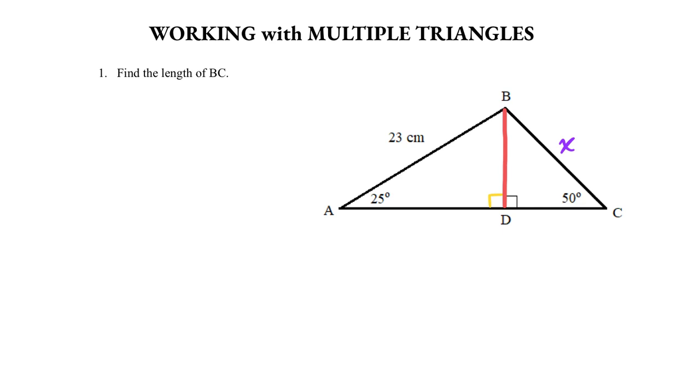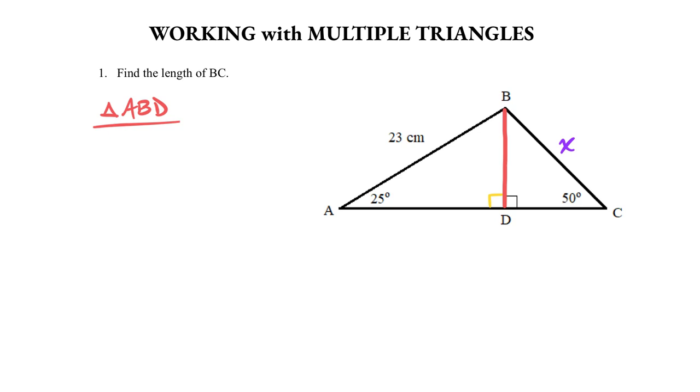You'll notice I'm going to use all my proper labels, which means I'm going to put my little headings in for what triangle I'm working in. So, to start off, I'm going to work in triangle ABD. That's my right triangle on the left side.